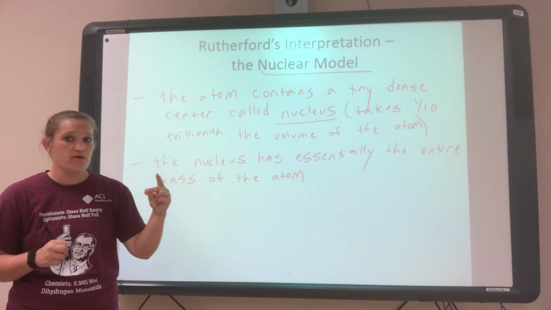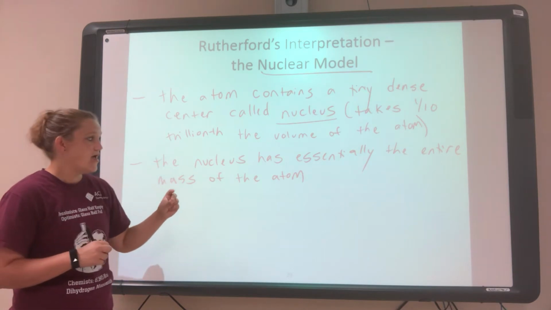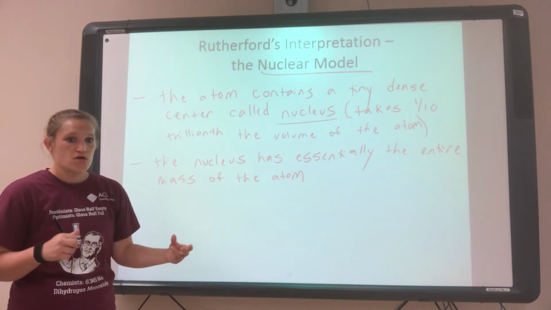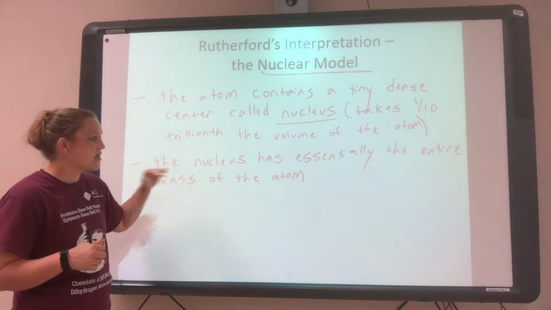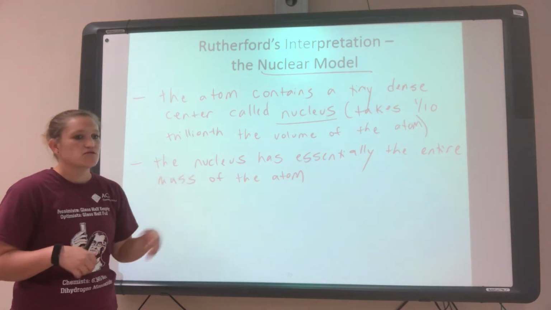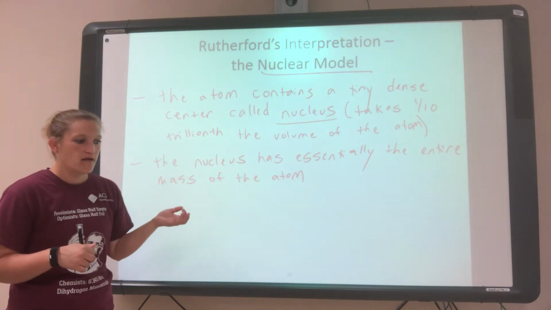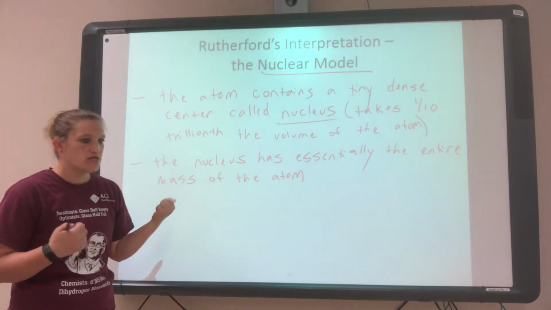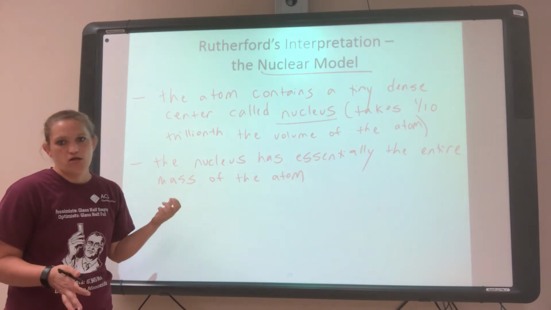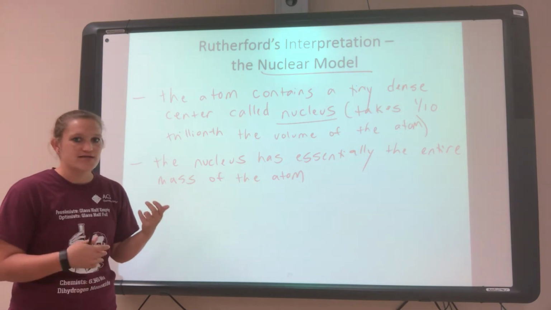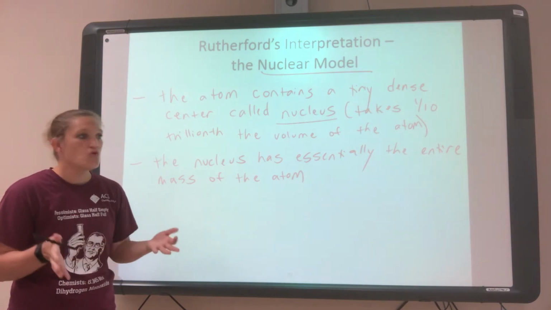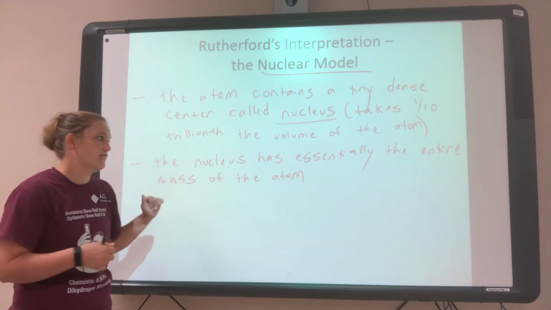Electrons are really, really small and light, and the nucleus is going to weigh a lot more. So the mass is going to come mainly from the nucleus. Think about the mass of a whole bucket of water compared to a drop of water. The mass the drop of water has, you're going to ignore it compared to the whole bucket's mass.